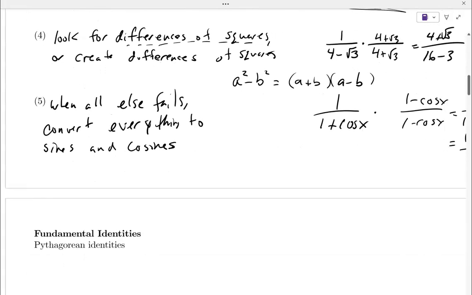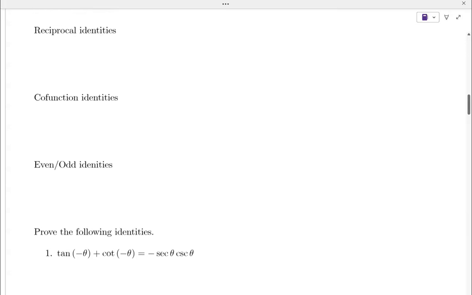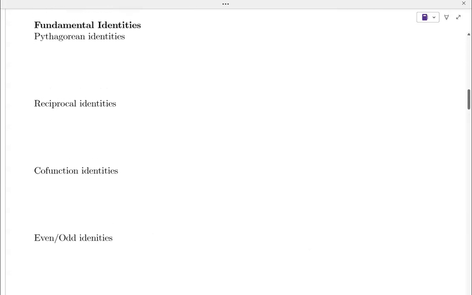All right, so let's see if we can start putting some of these things to work. In order to be able to put some of these things to work, we need some fundamental identities to help us do some substitutions later on. So the Pythagorean identities again, we've talked about those before.